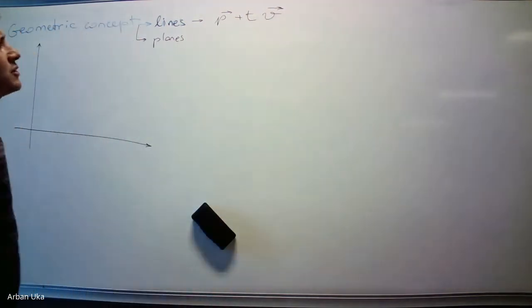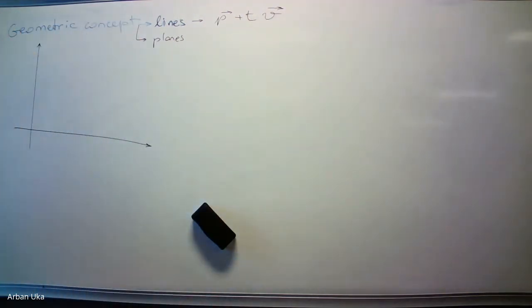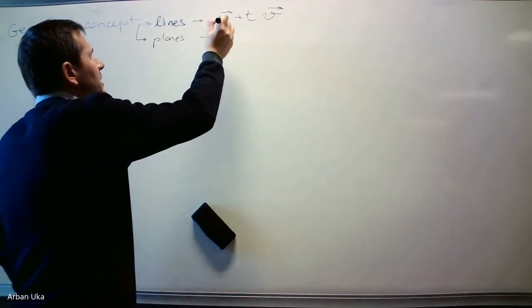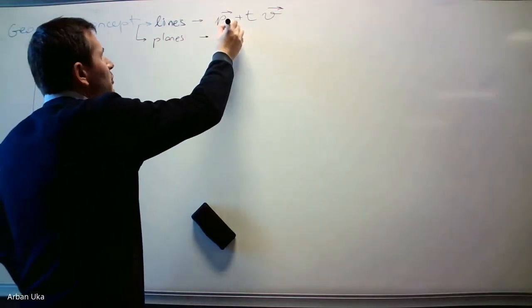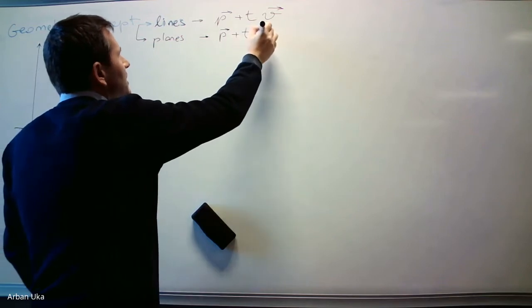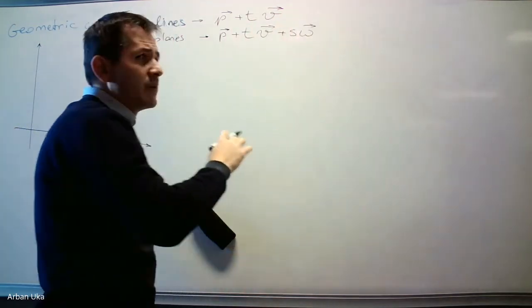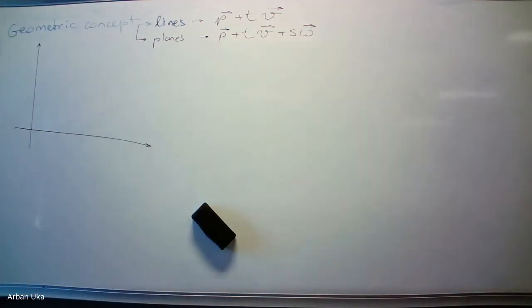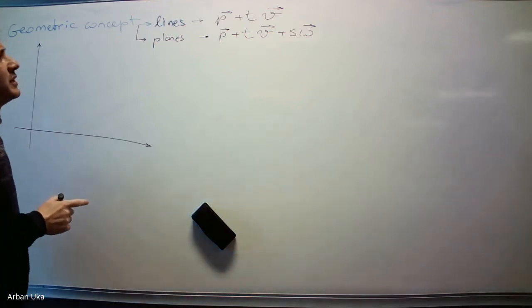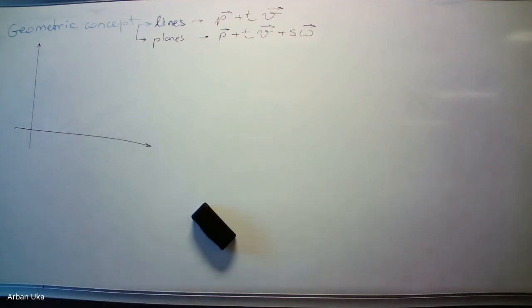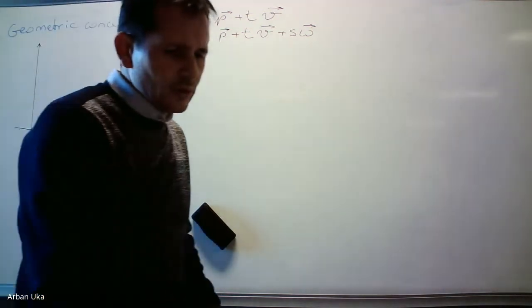And the plane can be any equation which is at any point P plus tV plus sW. We have not done this yet, but we'll see this one in these 2 hours. By the end of these 2 hours, you will understand this a little better. In principle, we can define a line with 2 different approaches.